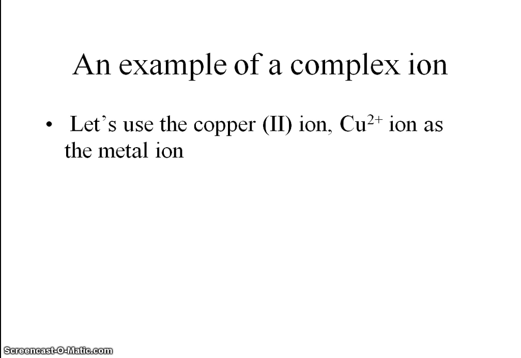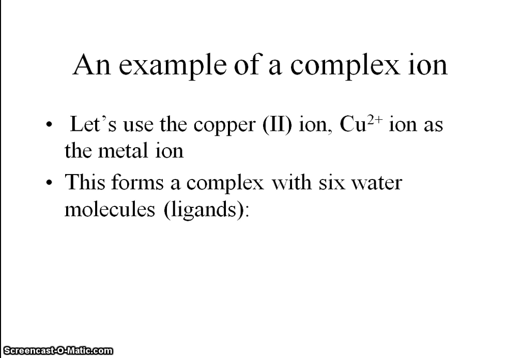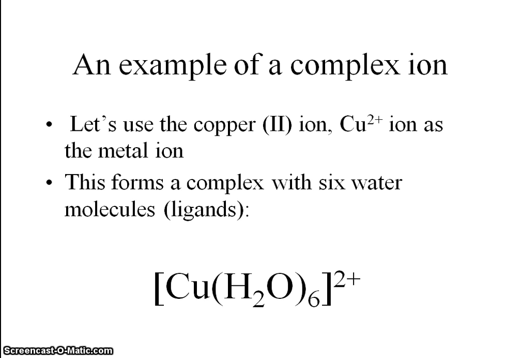Let's take a look at an example of a complex ion. Let's start with copper 2+ ions. The charge on the ion is 2+, so that's our metal, and the ligand is going to be water molecules. For this complex we've got 6 water molecules. Together they form a complex, showing the copper first, then a bracket around the 6 water ligands.